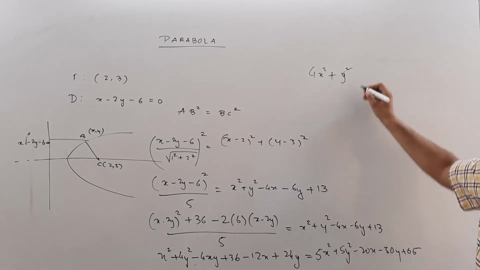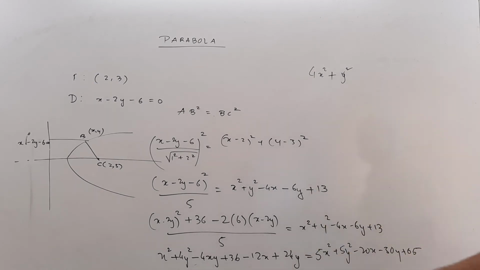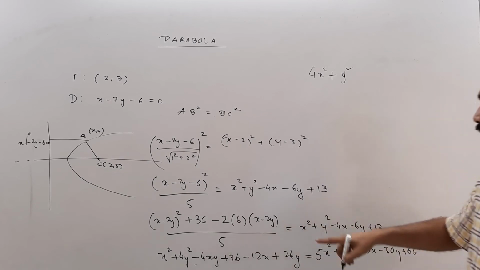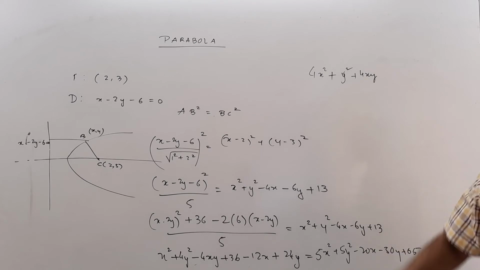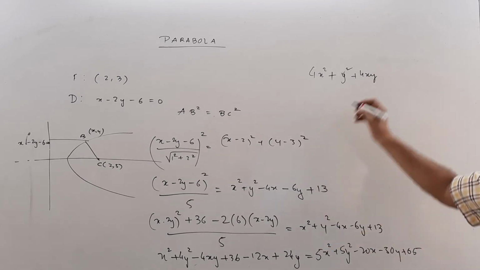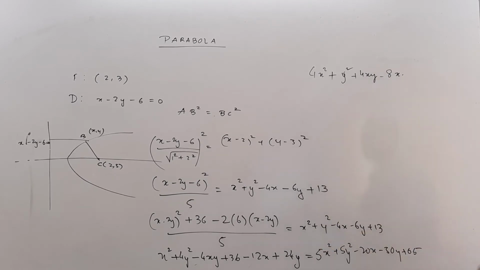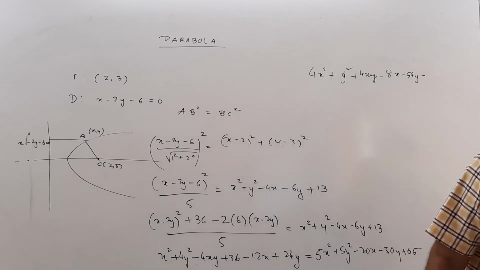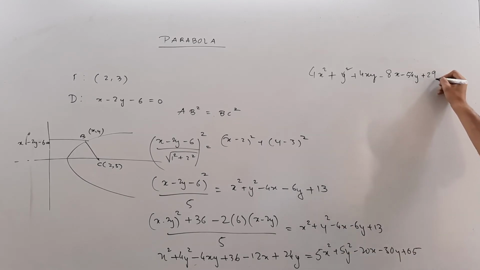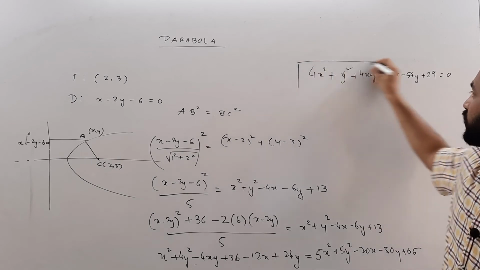Next there is going to be 4xy, because here you can see that it is minus 4xy, so when it's going on this side, it's going to be plus 4xy, minus 8x, because here there is minus 12x and here there is minus 20x, minus 54y and plus 29. This will be the answer of this parabola.